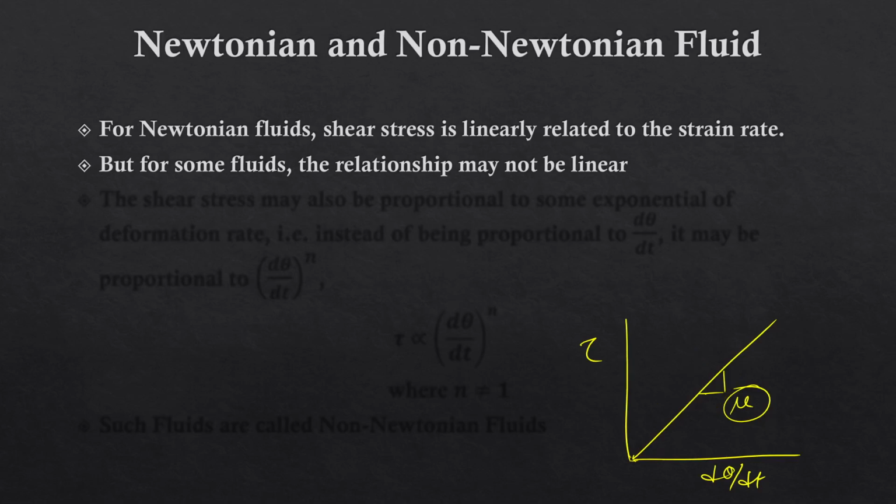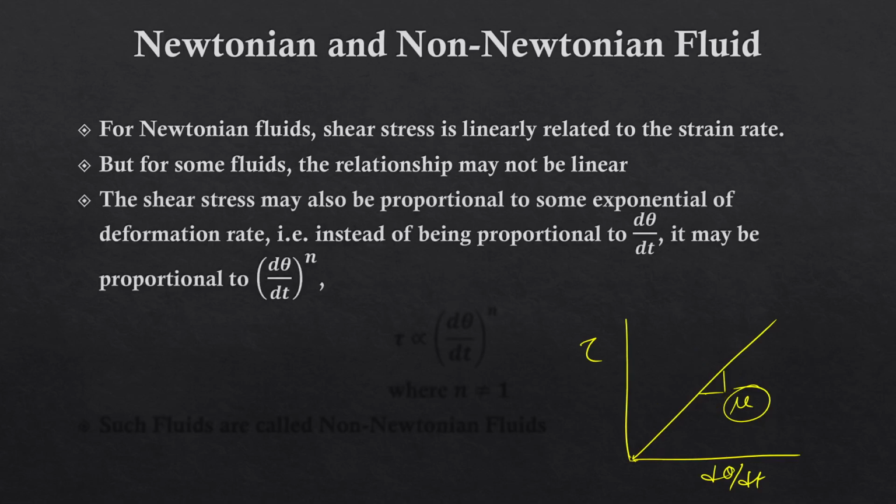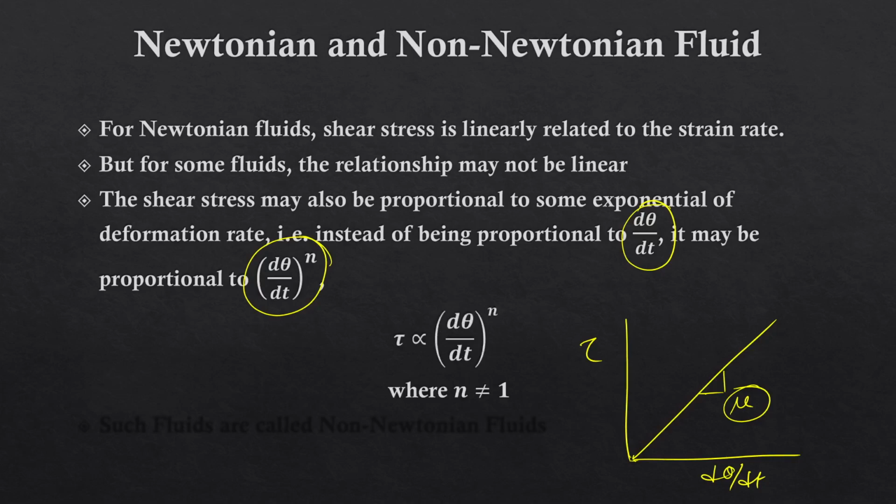So shear stress may be proportional to some power of the deformation rate. Instead of being proportional to d theta by dt itself, it may be proportional to d theta by dt to the power n, where n is not equal to 1. When n is equal to 1, it is definitely a Newtonian fluid. If it is not equal to 1, we call it a non-Newtonian fluid.